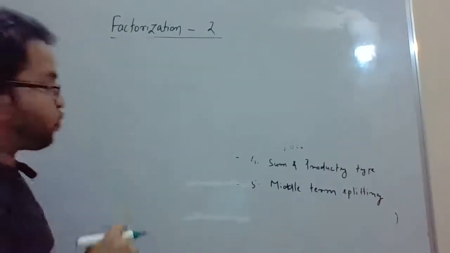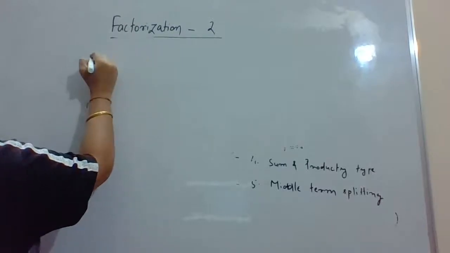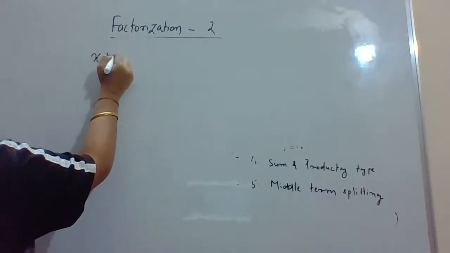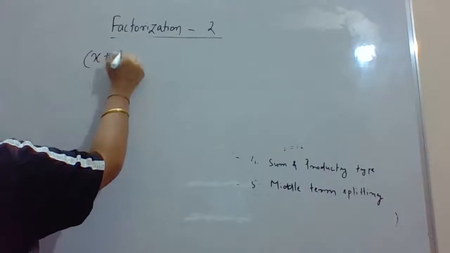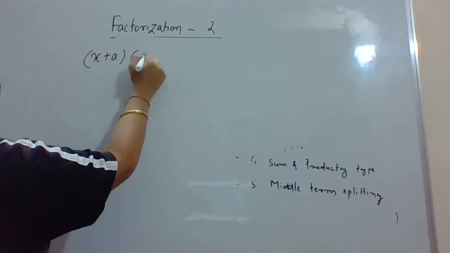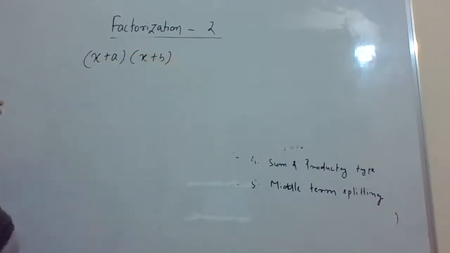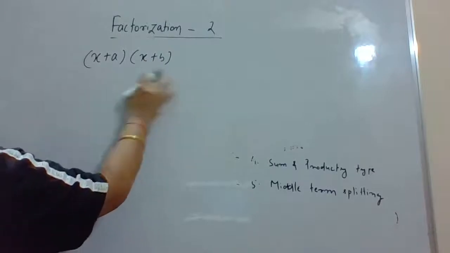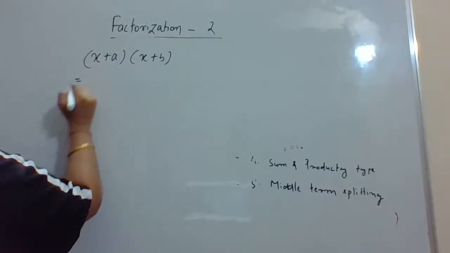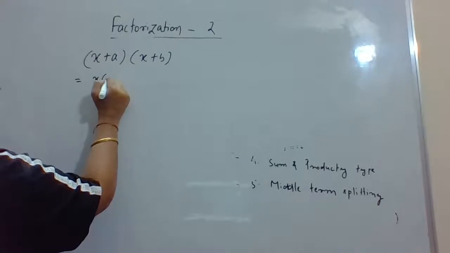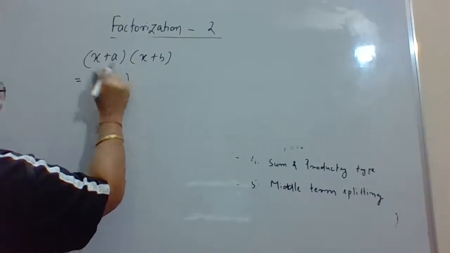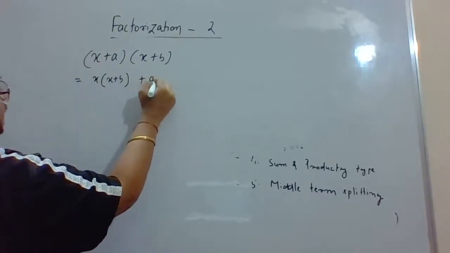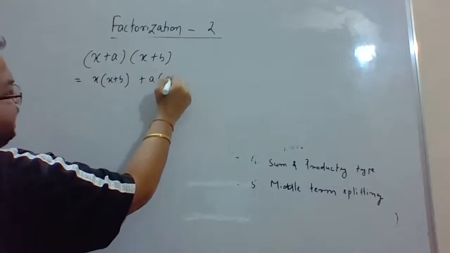If you see, let us multiply these two terms, x plus a into x plus b. Let us expand it. It's nothing but x into x plus b, plus the next term, a into x plus b.